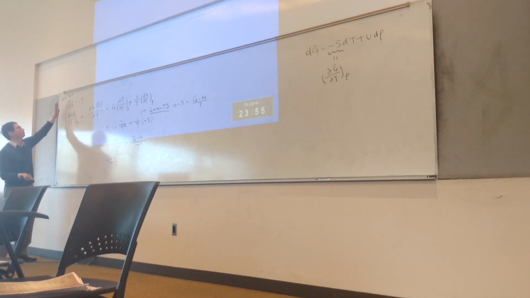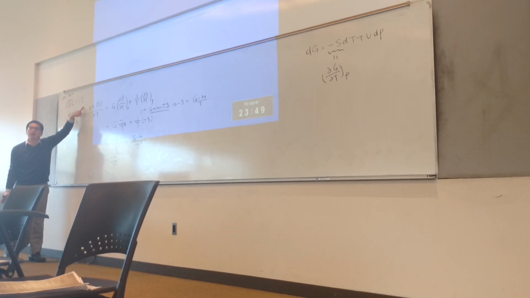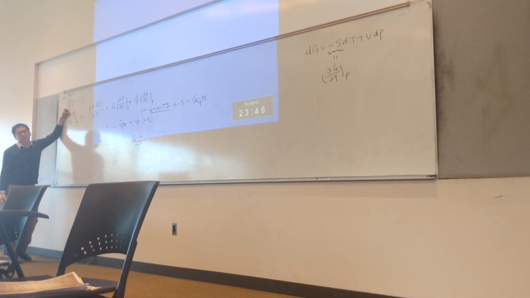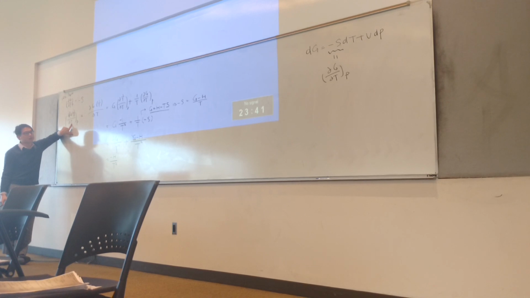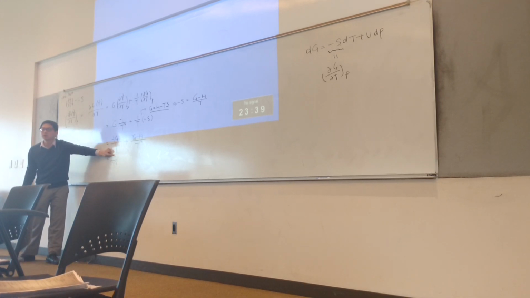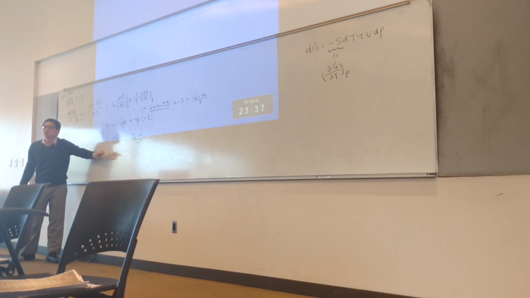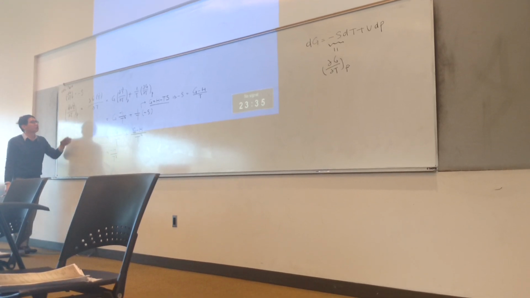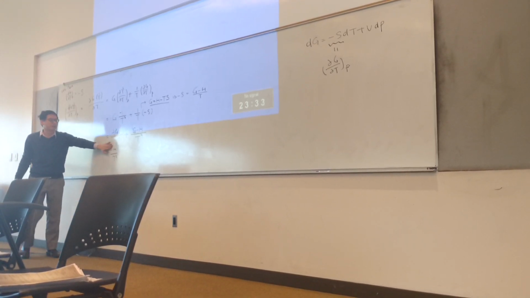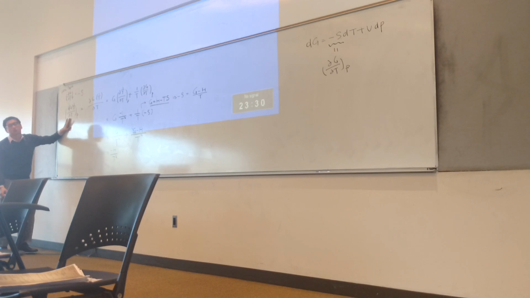So you can see the temperature dependence of your free energy is related to your entropy. But if you divide your free energy by the temperature and find out the temperature dependence of that term, it's related to your enthalpy. So G is correlated to the entropy and enthalpy with respect to temperature. Temperature is going to change both terms.